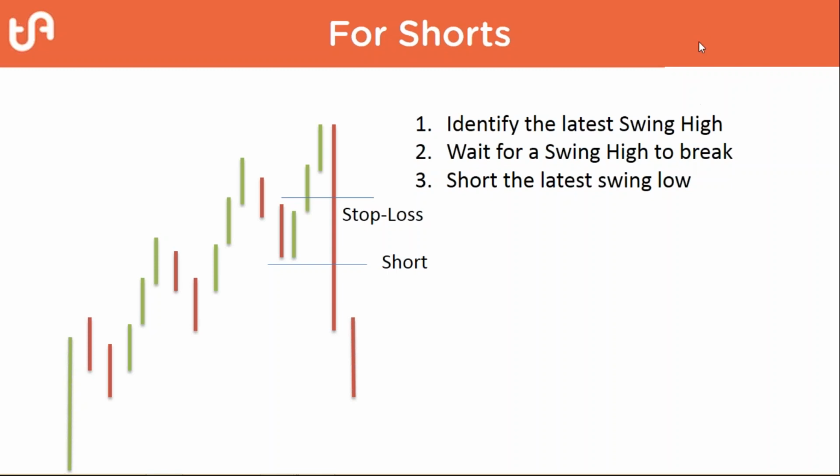Alright guys, so see now this particular candle, you have this market going up and you're shorting this swing low. The candle because of which you're calling this a swing low, that candle's high will be the stop loss.